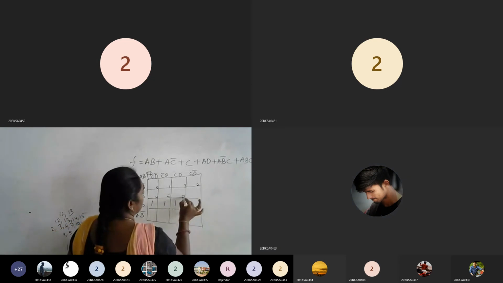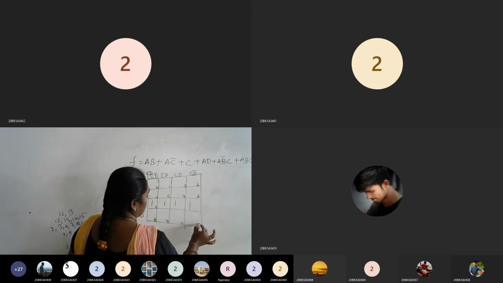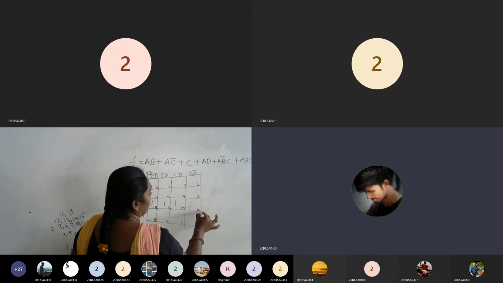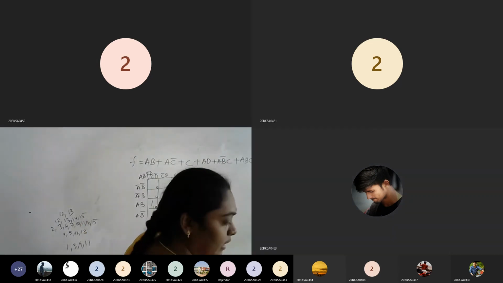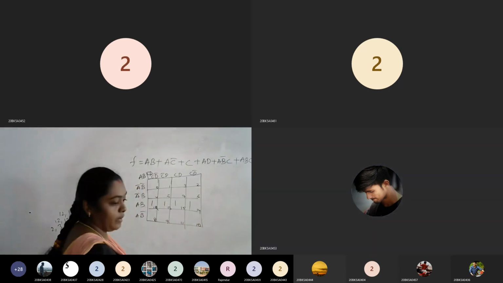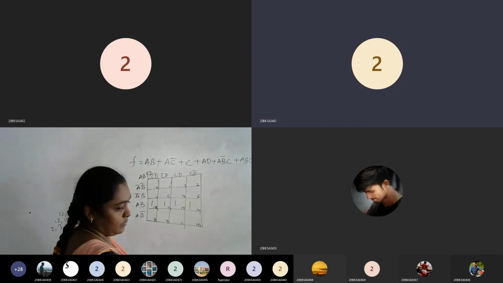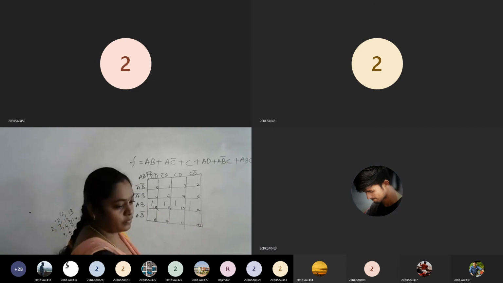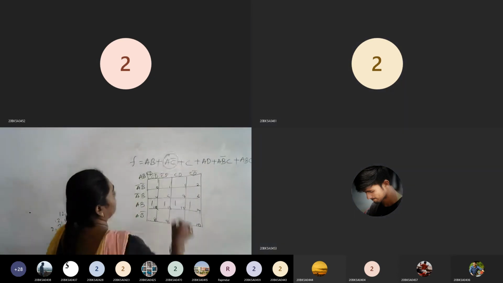You need to write down this also because it will be clear for you. Now, if you observe, already I have simplified, converted into standard SOP. Tell me what are the terms which you got for AB? 12, 13, 14, 15. Can I say I have written the same thing? Now, what is the second one?